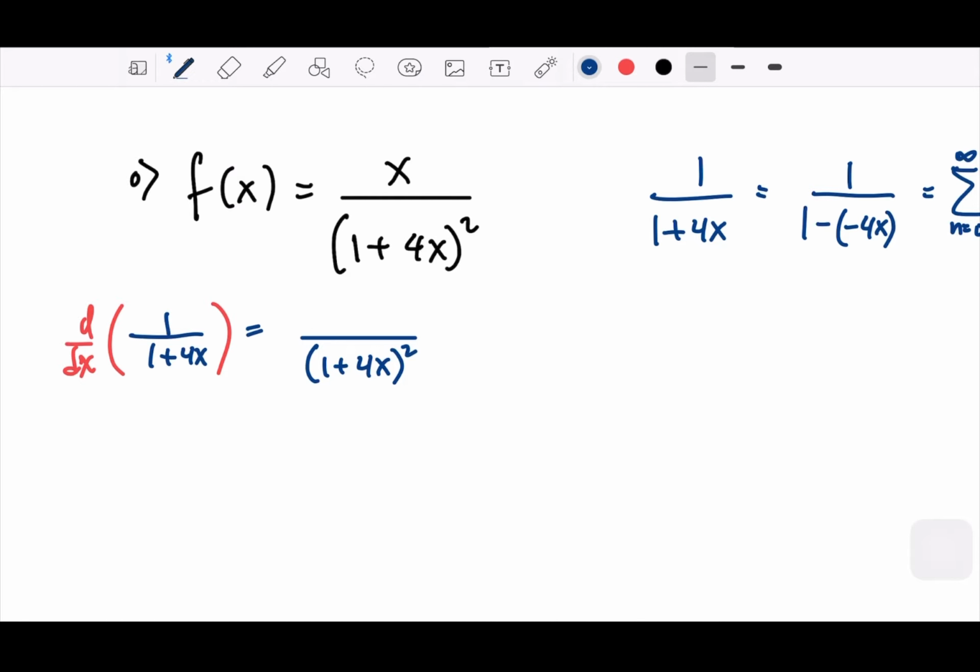And then we have -4, right? And we can get the value when we differentiate. This will be -4 with power of n, and then the power rule.